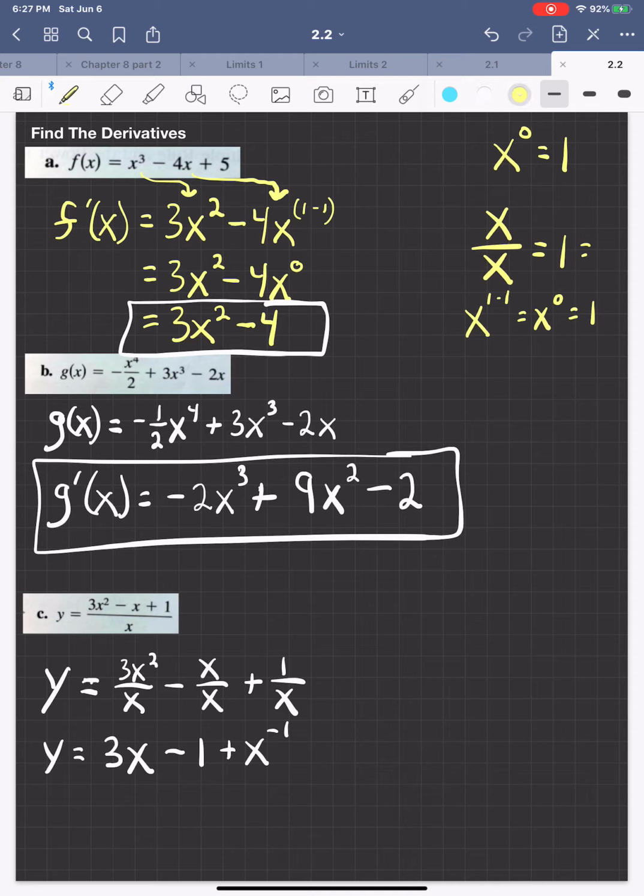Okay, so no calculus so far, just rewriting. y prime: this is easy. So derivative of 3x is just 3. The derivative of negative 1 is 0. And the derivative of x to the negative 1 is going to be negative x to the negative 2.